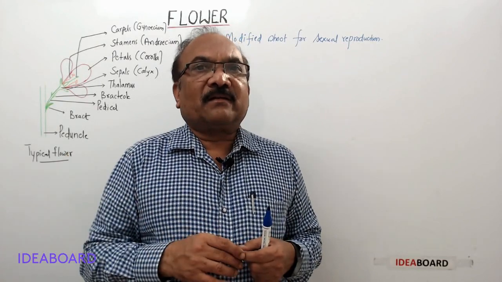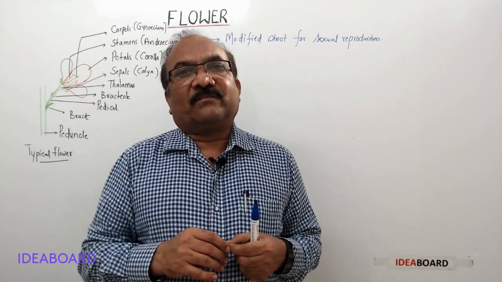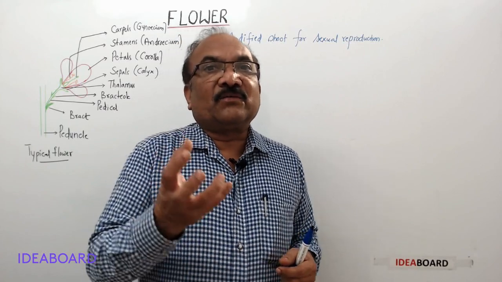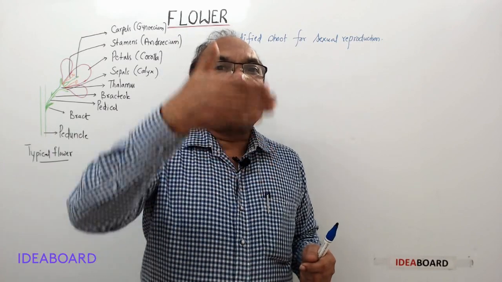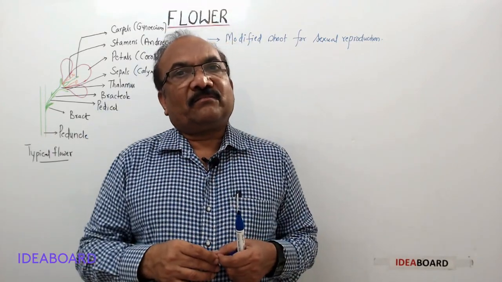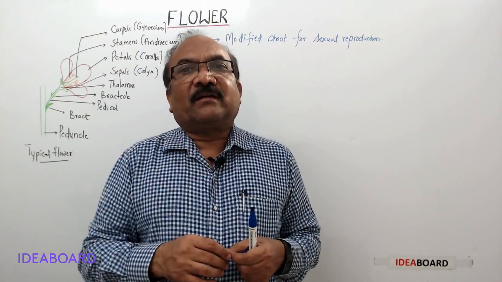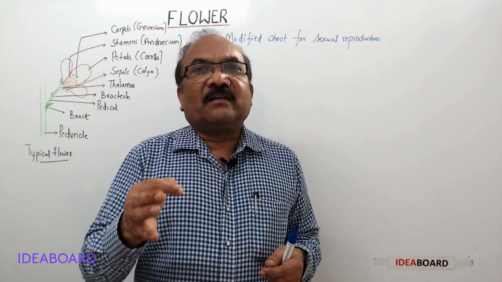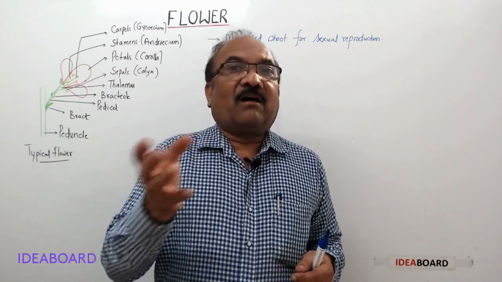Either the axillary bud or the terminal bud, depending on the species, will change into a flower instead of a branch. That itself is the first indication that it is a modification of either an axillary bud or a terminal bud.